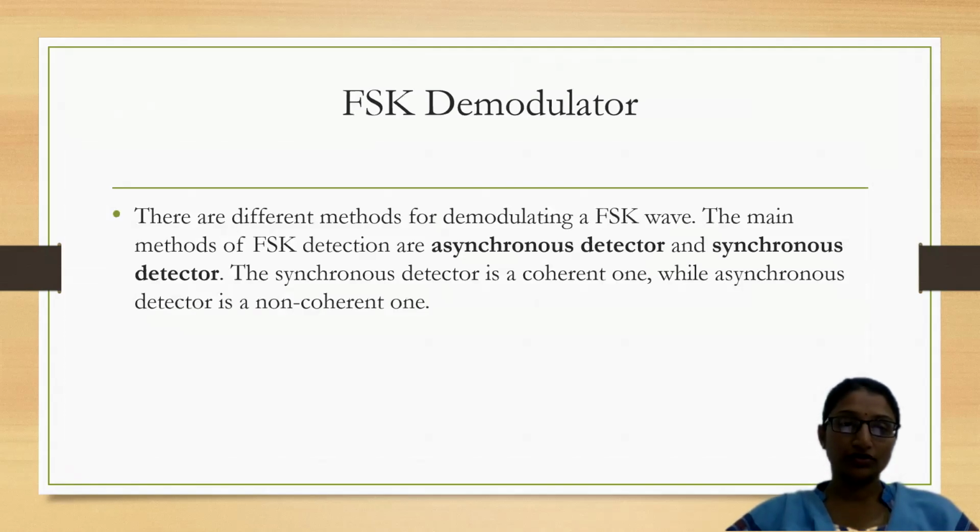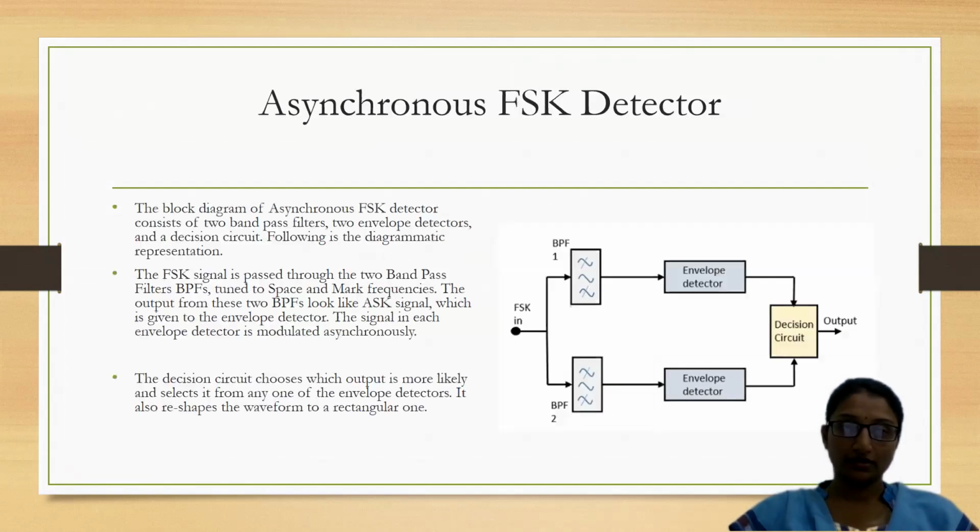Coming to the FSK demodulator, here also we can observe two methods, asynchronous and synchronous. The synchronous detector is also called coherent. Asynchronous is also called non-coherent detection. Here let us have a glance at the asynchronous FSK detector.